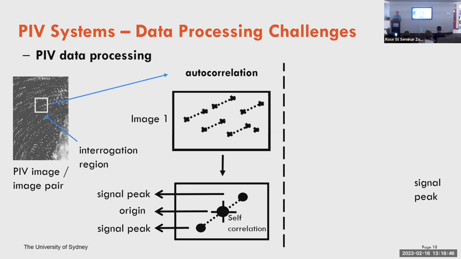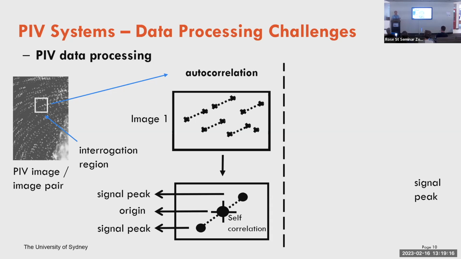The problem is that this peak can contaminate the actual signal that you're trying to get, particularly when you get small displacements, and you get ambiguity. There's no information about the direction of the flow. And in the 90s, there was a lot of work done by various groups trying to overcome this ambiguity problem, because we didn't have the digital devices. And it was an interesting time.